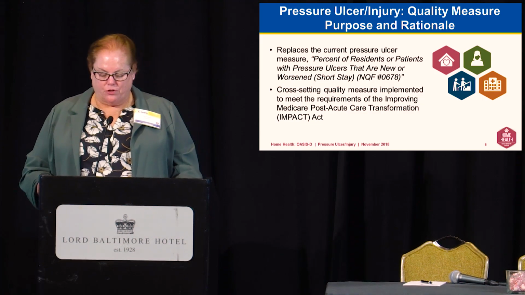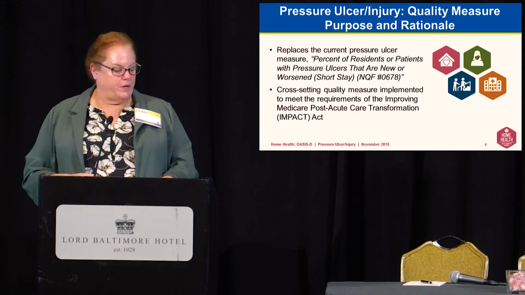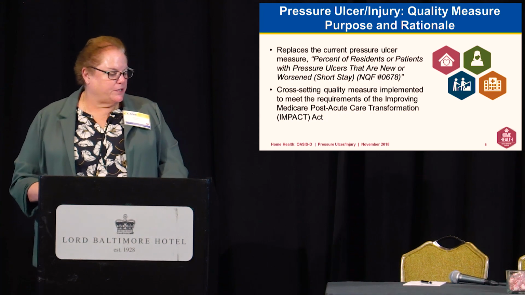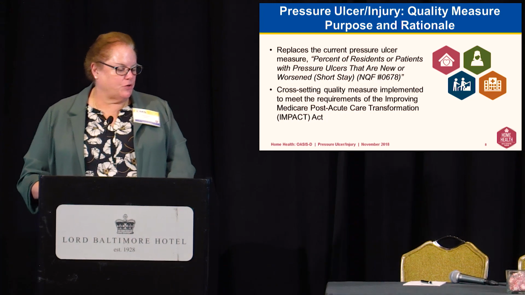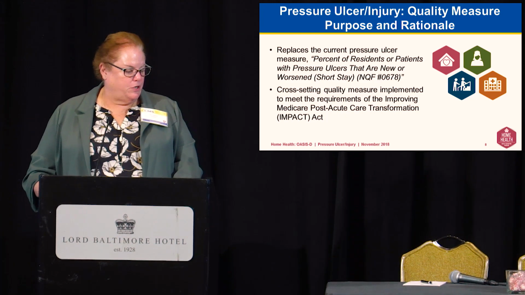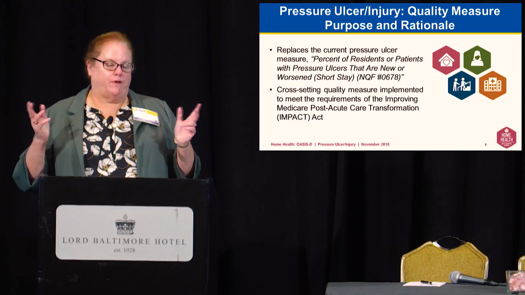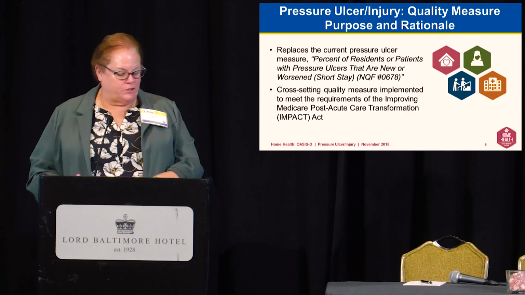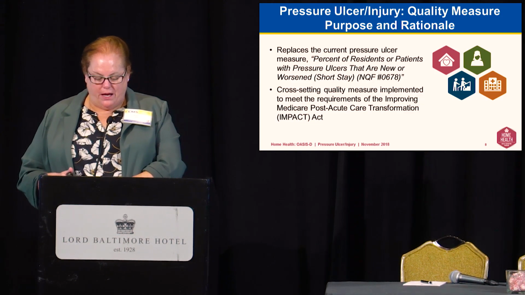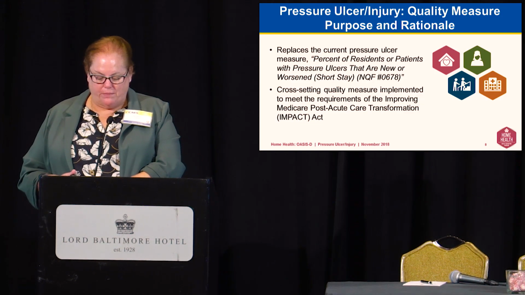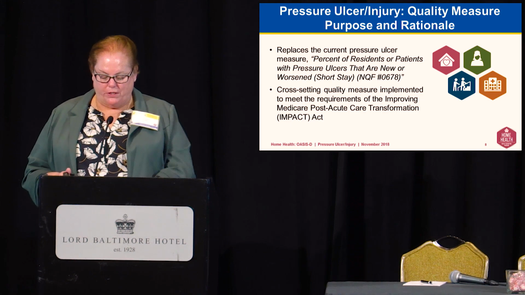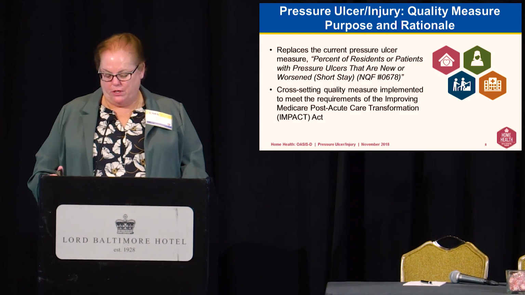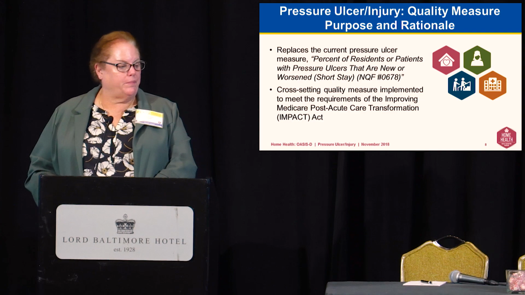This particular measure replaces the current pressure ulcer measure, which was percent of residents or patients with pressure ulcers that are new or worsened, short stay, and that comes out of actually the MDS terminology for NQF measure 0678. And it's the cross-setting quality measure implemented to meet the requirements of the Improving Medicare Post-Acute Care Transformation, or IMPACT Act.